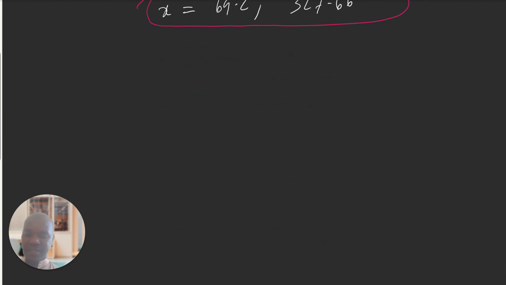Jumping to the second question, with this question we are going to use the other approach.